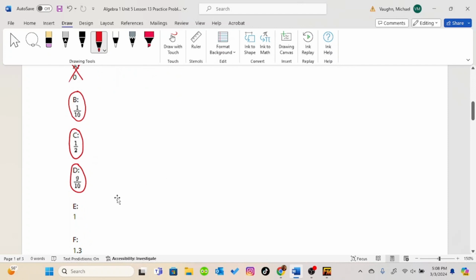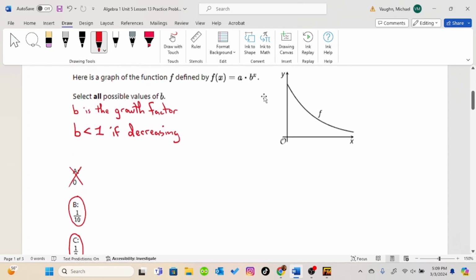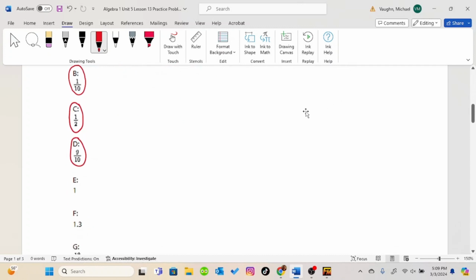Choice E is 1, and if this were 1, then multiplying by 1 would always end up with the same y value, and you would have a horizontal line where you started at the y-intercept. So E could not be the answer.